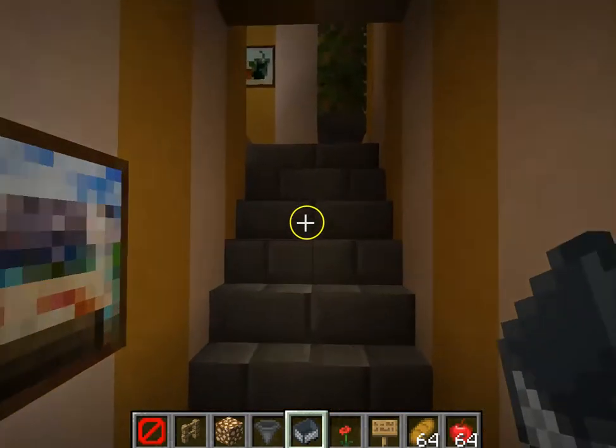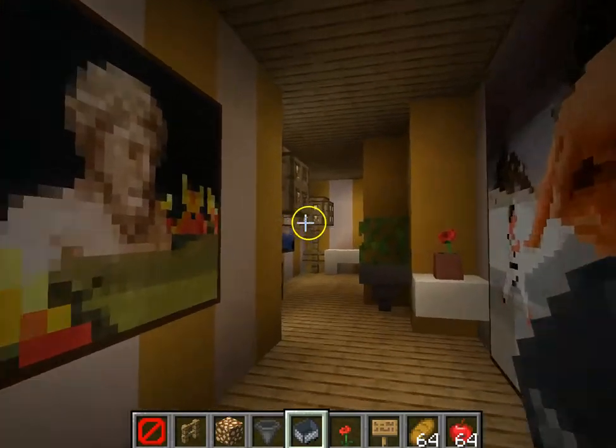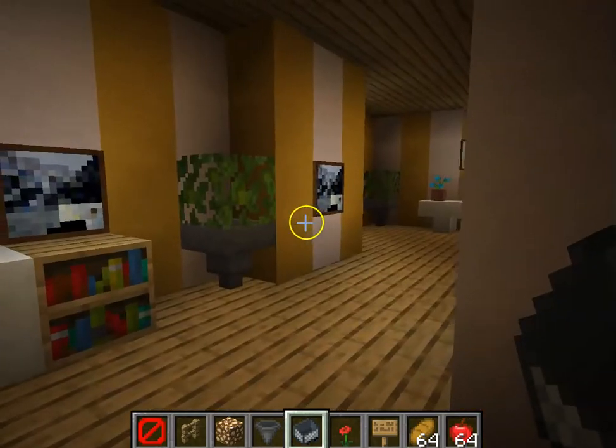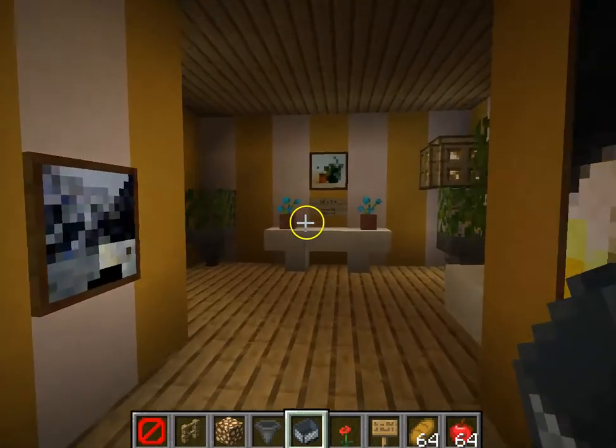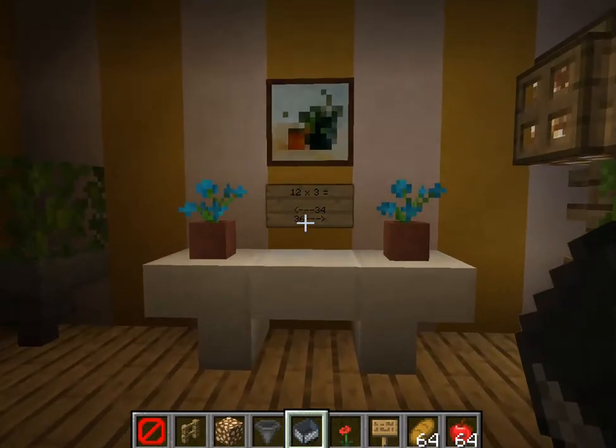Oh, up more stairs. Where are we going? It's such a cool house. Okay, we're almost there. 12 times 3.